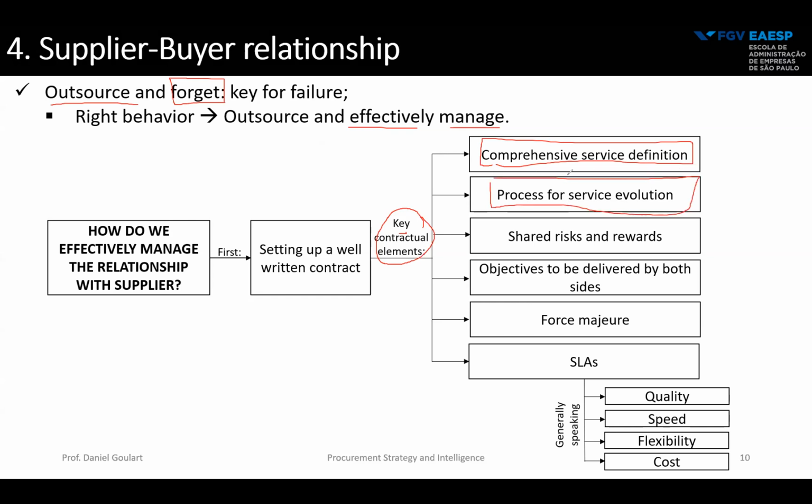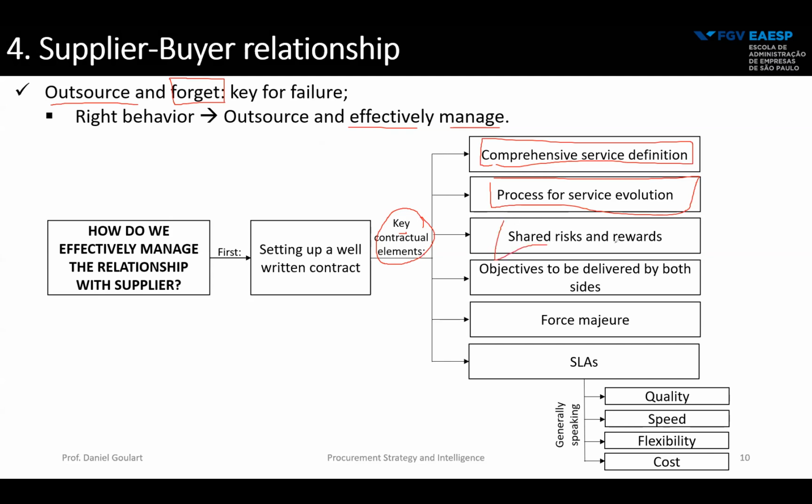Hey, we need to improve the services that you provide me or the products that you provide me over time. How are we going to set up a service evolution schedule? What are the benchmarks that we're going to have over time to be reached in order to reach this increase in quality, increase in performance?